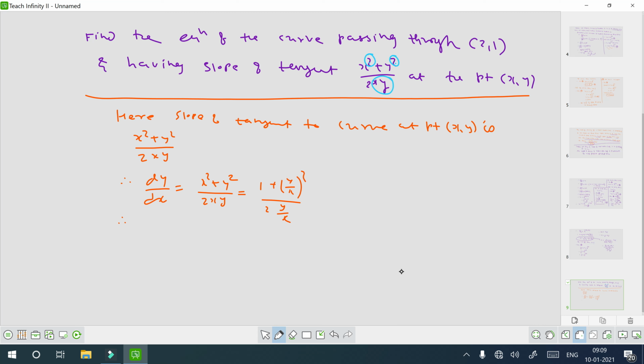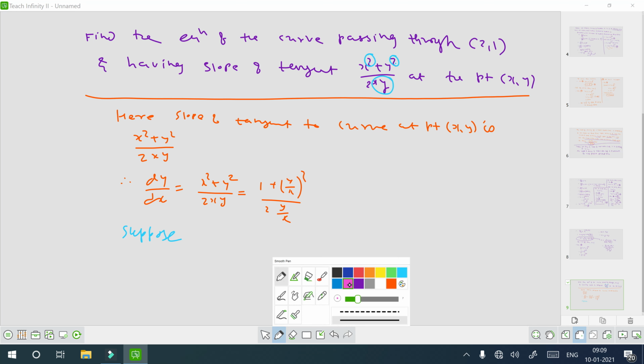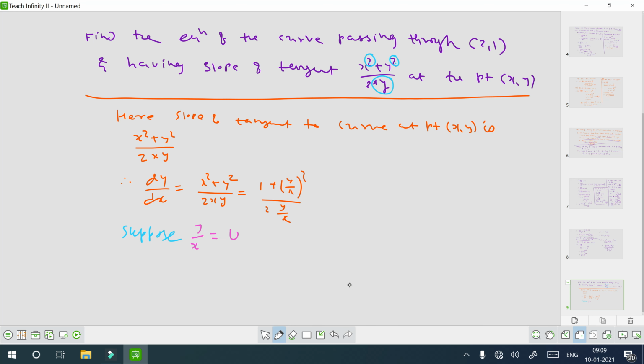Now what we have to suppose? Suppose y by x is equal to v, because it is dy by dx form. So y is equal to vx. So what we get? dy by dx is equal to v plus x dv by dx. Call this as result number 1.